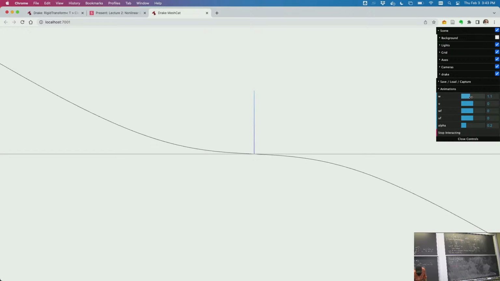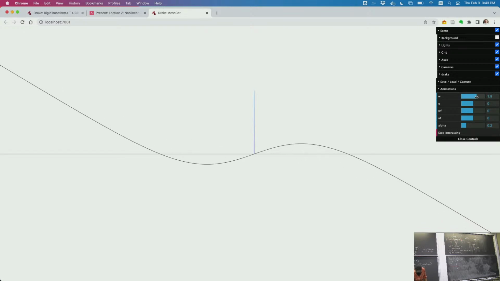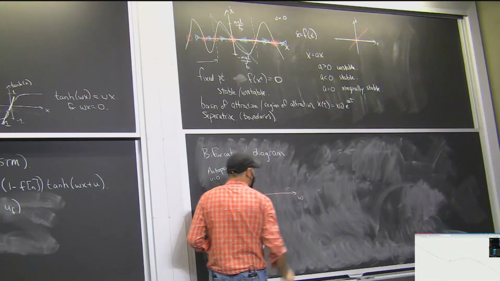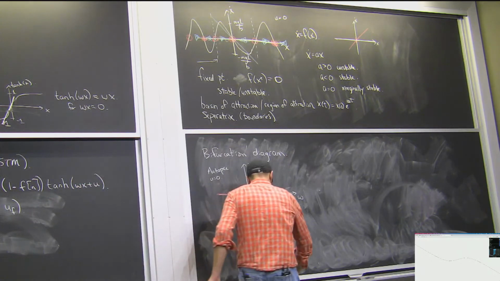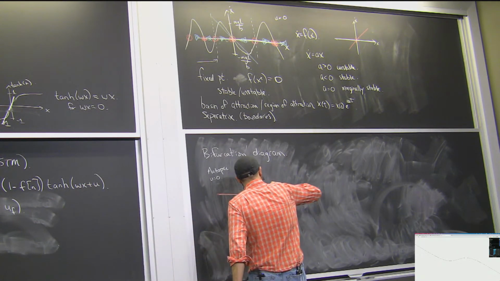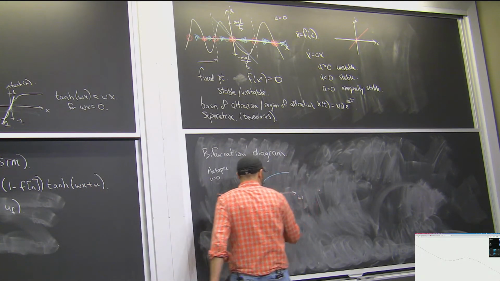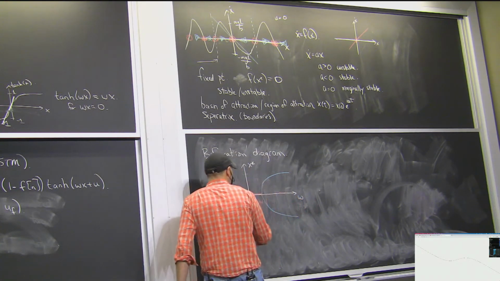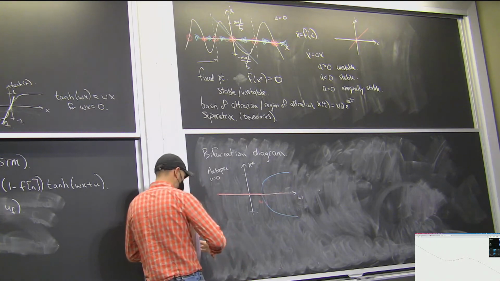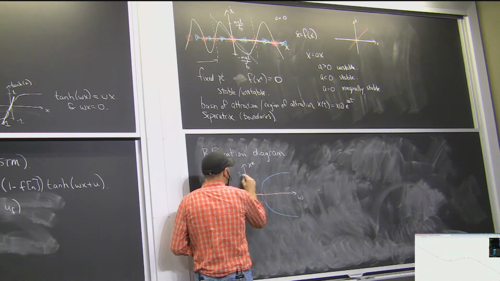And then when w is greater than 1, I still have a fixed point at the origin, but it's unstable. And I sprout 2 new fixed points, which have a beautiful behavior. They also asymptote to 1 and negative 1 here.